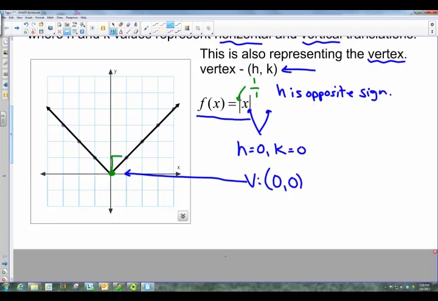And my slope is rise over run. It's 1 and 1, 1 and 1, 1 and 1. And you can see that that makes every one of those points. Now because absolute value cannot be negative, I have to do it both directions, which means I go up 1 and left 1, up 1 and left 1. So it creates that V-shaped graph by going in both directions.